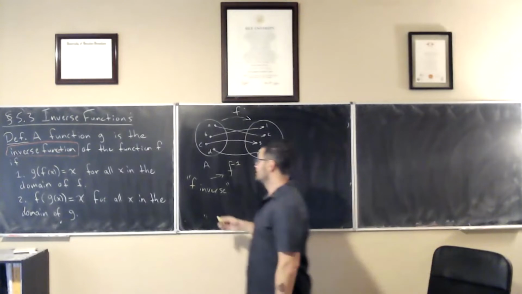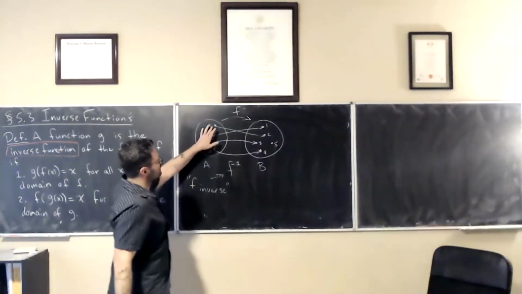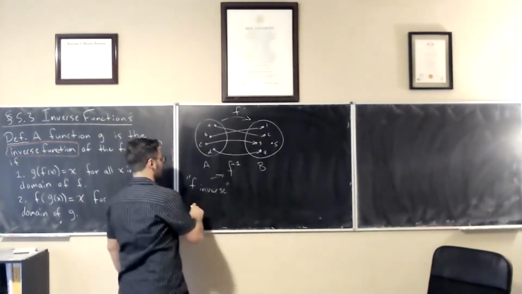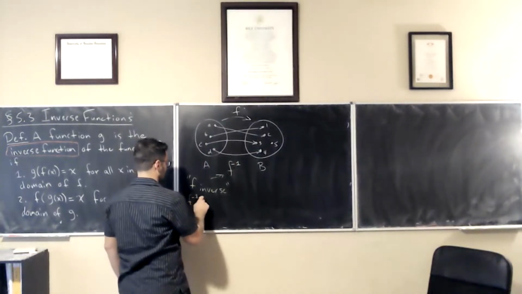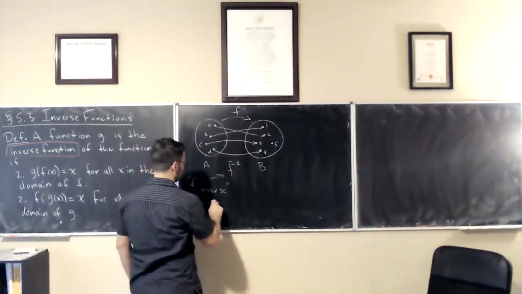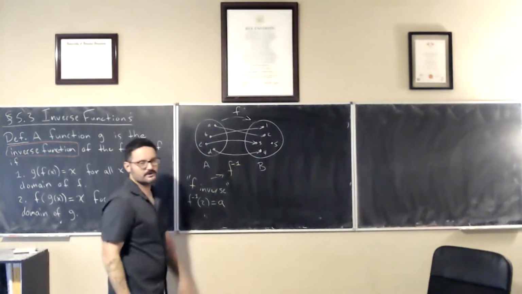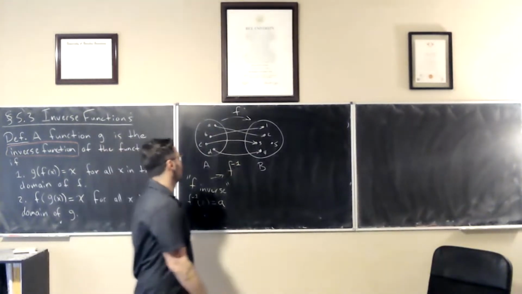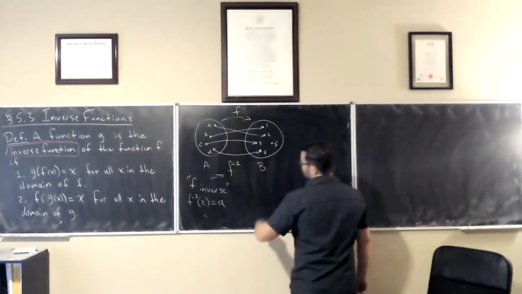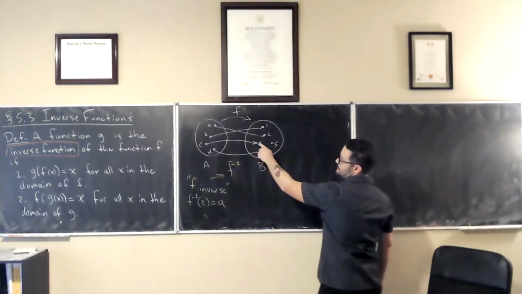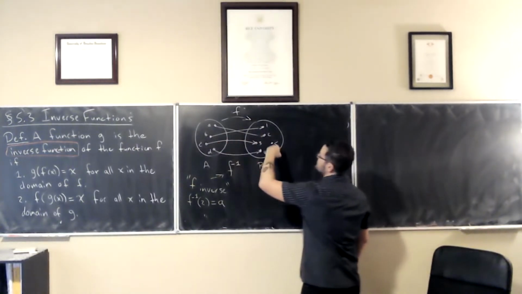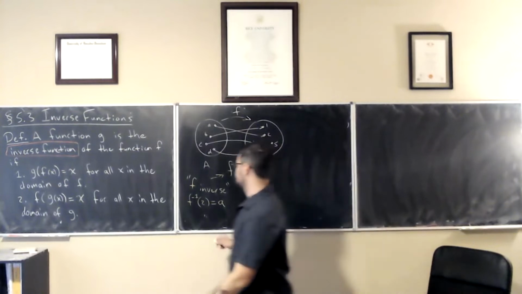So for example, if a was sent to 2, f inverse of 2 is going to send 2 back to where it came from, back to a. F inverse will send 4 back to d, it will send 3 back to c, it will send 1 back to b.